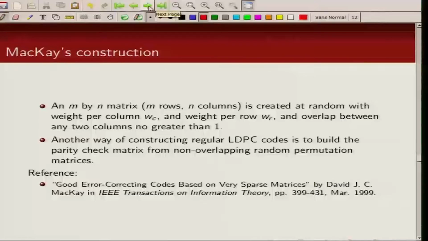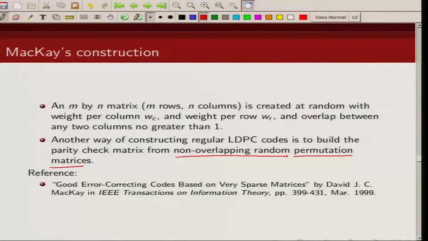Otherwise, you will have cycles of length 4 in your LDPC code. Next, we are going to talk about how we can use permutation matrix to design our LDPC codes. That is what I am going to show in the next few slides.